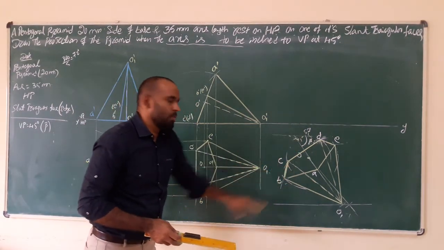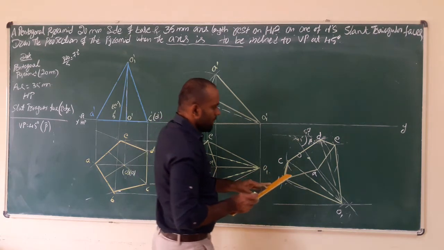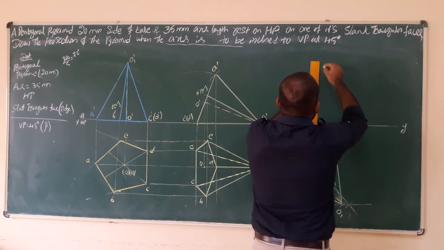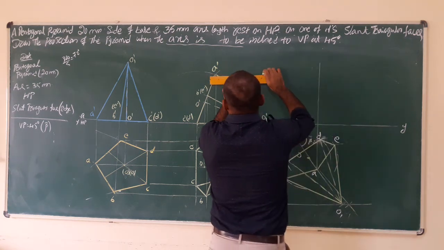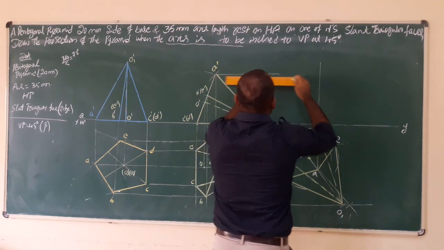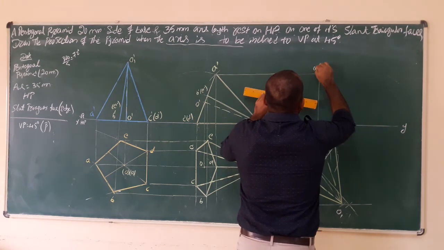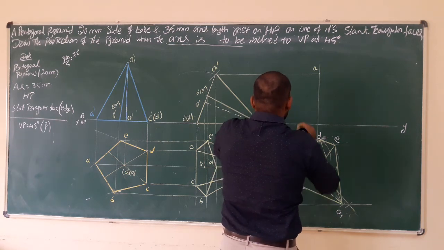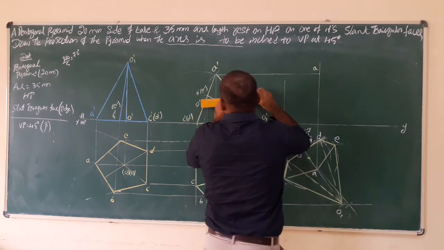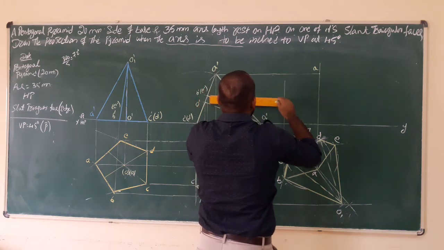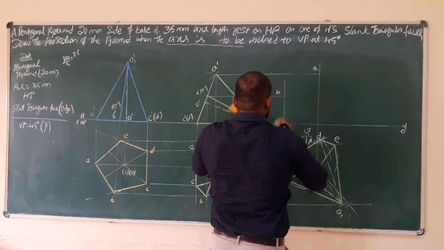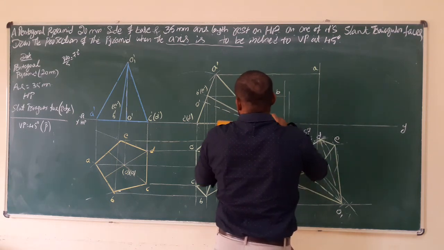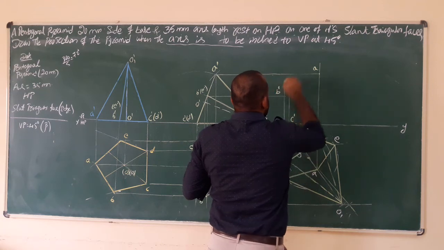But I don't want on HP diagram, I want VP drawing. So that's why project all the points. For example, I will take A. That line is called A. Next to B. Next to C dash.